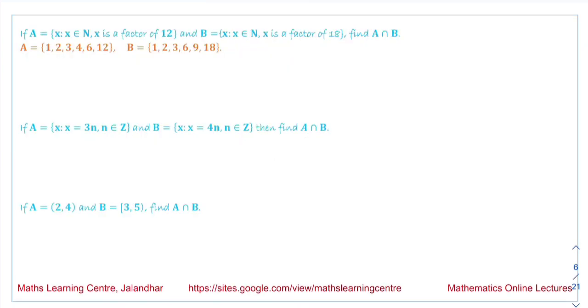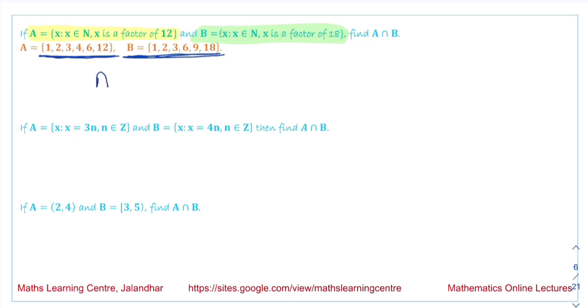Next question we have, the set A is given. A is {x : x is a natural number and x is a factor of 12}. So the factors of 12 are 1, 2, 3, 4, 6 and 12. Next we are talking about the set B. It is {x : x is a natural number and x is a factor of 18}. So the factors of 18 are 1, 2, 3, 6, 9 and 18.